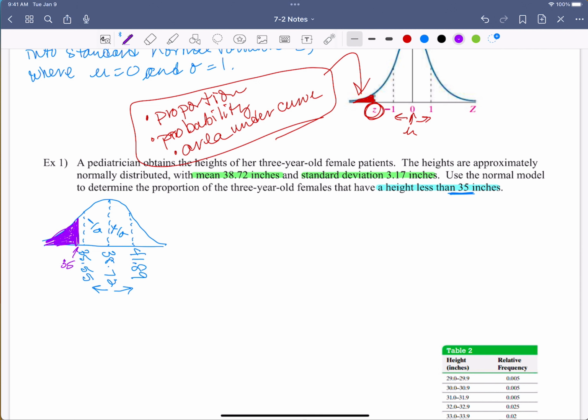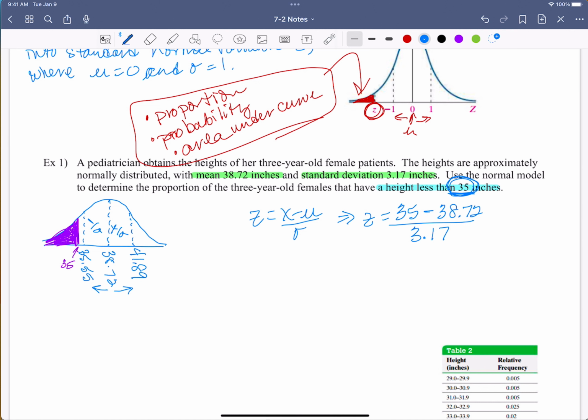All right, so let's see how this all plays out. So z is equal to x minus the mean over the standard deviation. So z is equal to my data, which is 35, minus my mean of 38.72, divided by my standard deviation of 3.17.